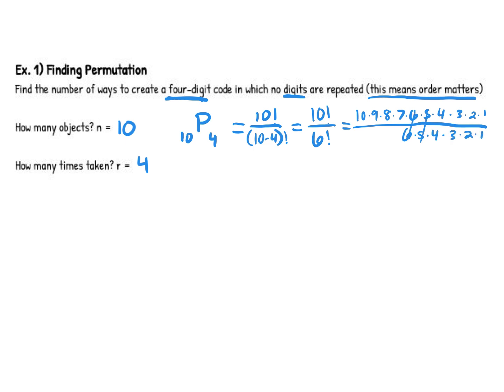So these are all going to cancel out and leave us with 10 times 9 times 8 times 7, which leaves us with 5,040. If you use MathProb 2 in your calculator, and you put in your 10 choose 4, it's also going to give you that 5,040. Let's try 2 more problems.